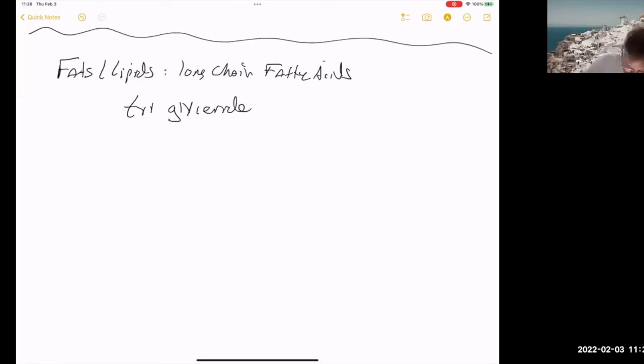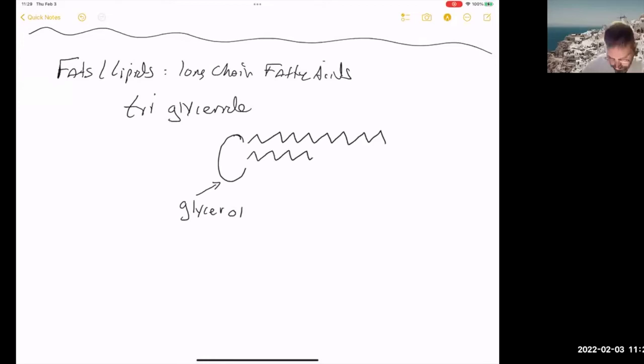So essentially what you have is a glycerol head. And then you have 3 long carbon chains that come off of that. So every little bump on that is a carbon atom. I'm just kind of simplifying it.